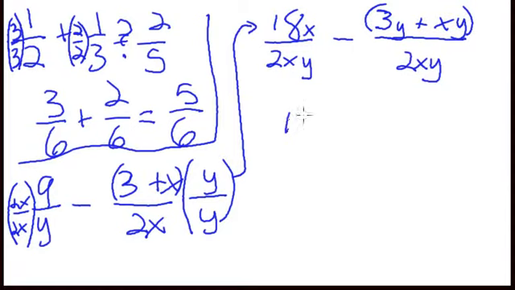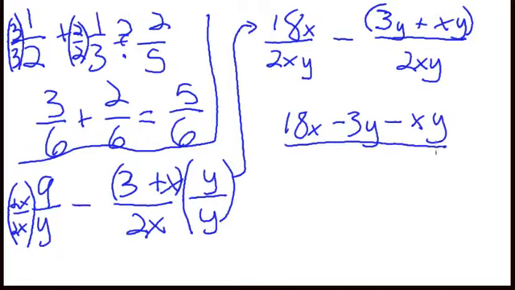So here's what happens: 18x minus 3y minus a positive xy. Minus a positive is just the same as minus xy. And this is all over 2xy.